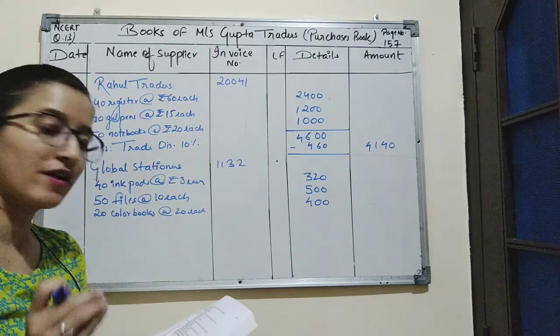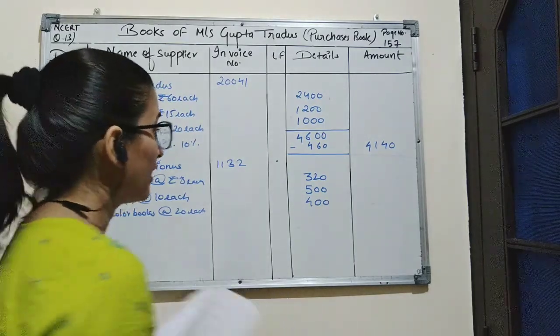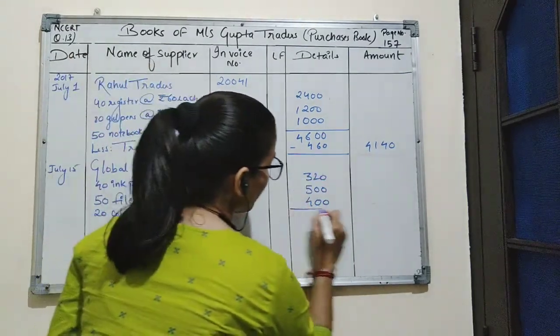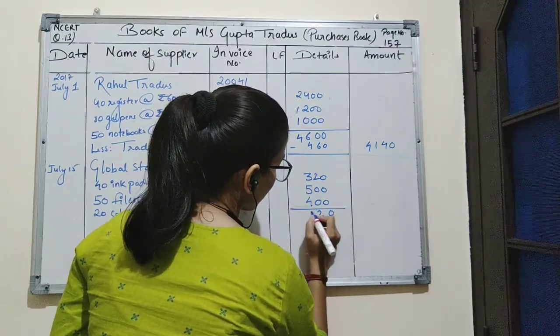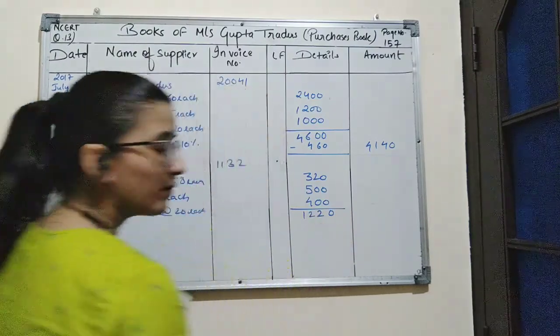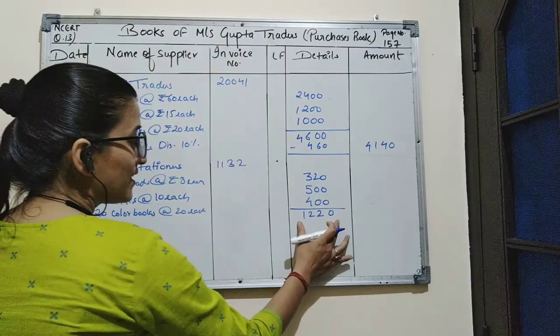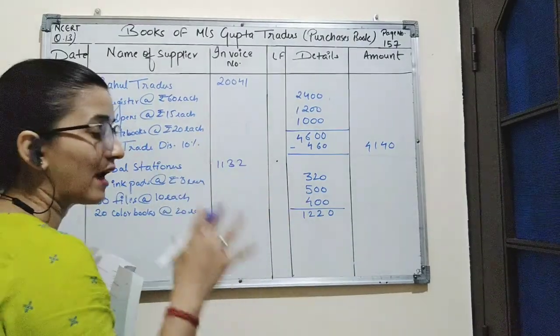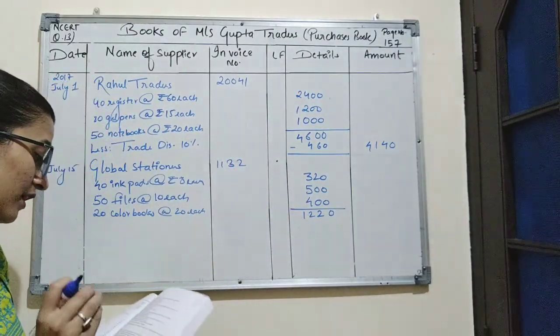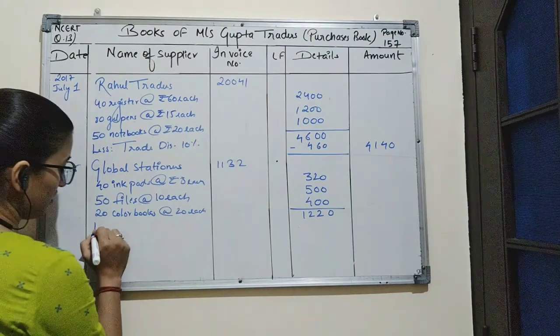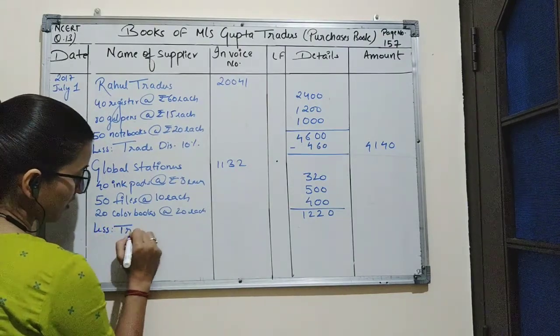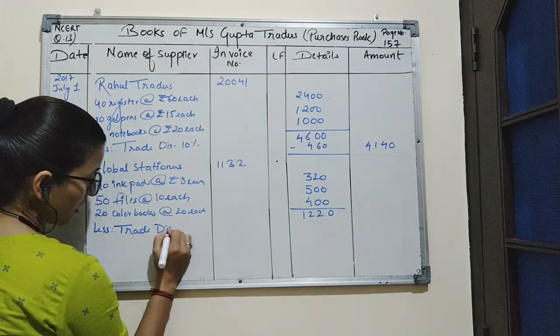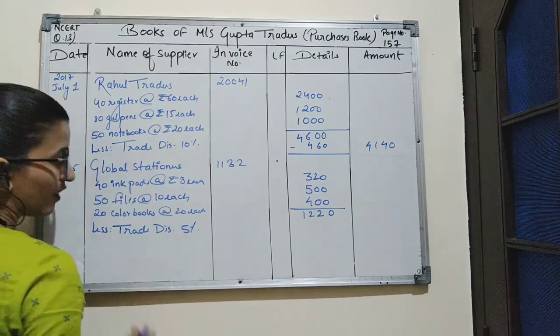And at last, there is a trade discount of 5%. Now, we will total the amount of purchase, which is 1220. So from this amount we will subtract the trade discount of 5%. Less trade discount 5%.